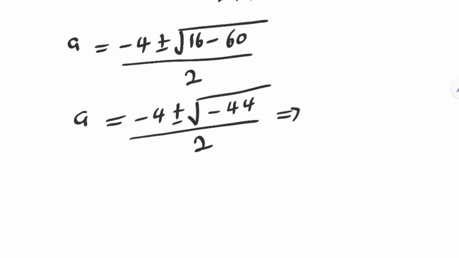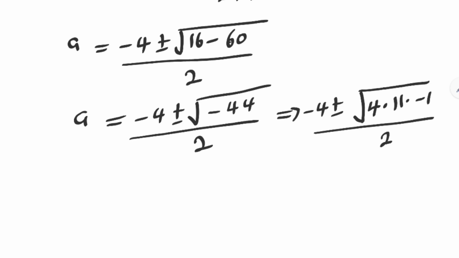This can be written as minus 4 plus or minus square root of minus 44, which can be written as square root of 4 multiplied by 11 multiplied by minus 1, over 2. a is equal to minus 4 plus or minus square root of 4 is 2.